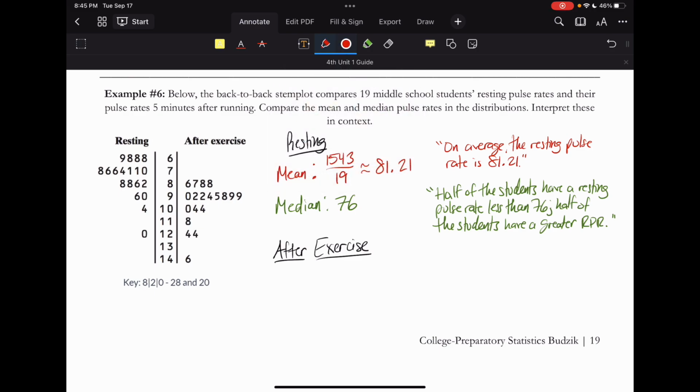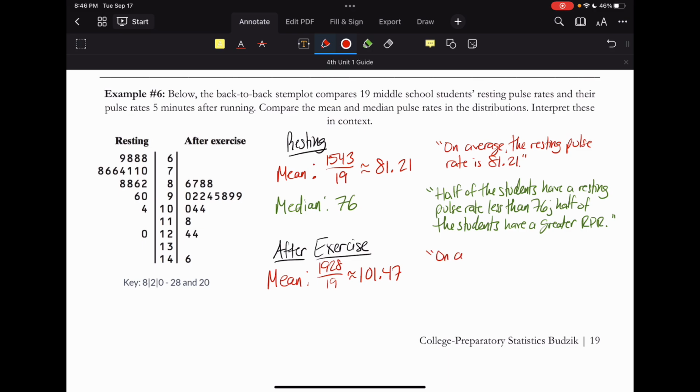So 86 plus 87 plus 88 plus 88 plus 90 plus 92 plus 92 plus 94 plus 95 plus 98 plus 99 plus 99 plus 100 plus 104 plus 104 plus 118 plus 124 plus 124 plus 146. So when you add that up, you get 1,928. I'm going to divide that by my 19. So that gets me a mean of about 101.47.